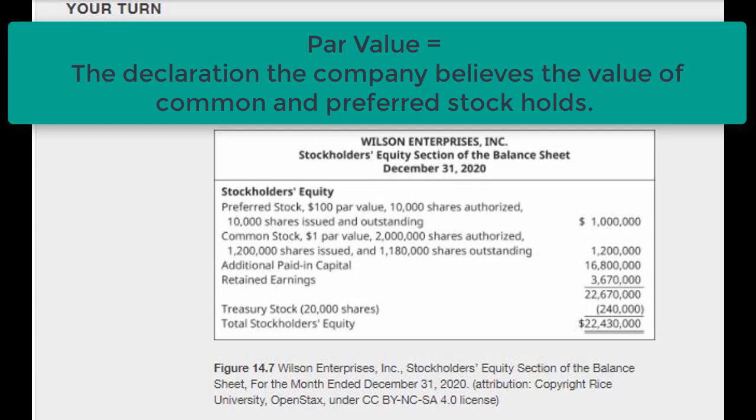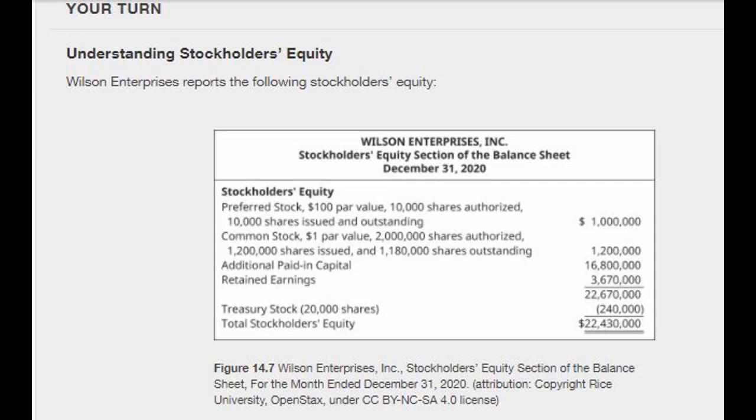And in this case, the company declared that the bookkeeping or par value of its common stock is $1 per share, and the value of the preferred stock, $100 per share. You could see why the preferred stock is premium.